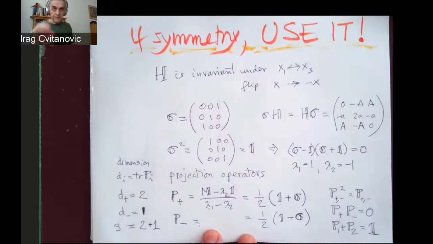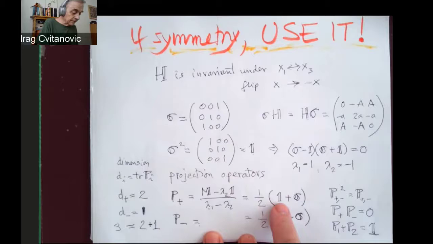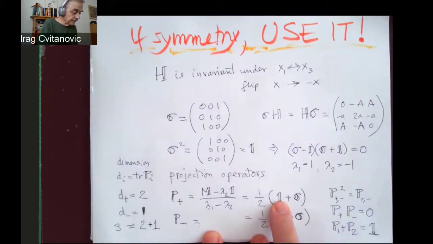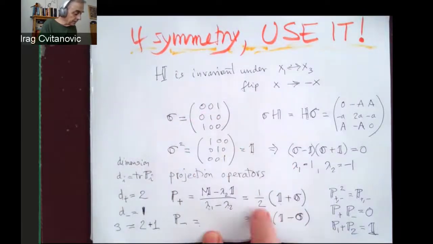The trace counts the number of ones on the diagonal of the projection operator. If I take a trace of identity, I get 3. If I take a trace of sigma, I just pick up 1. So this is 4 divided by 2. So this space is 2-dimensional.